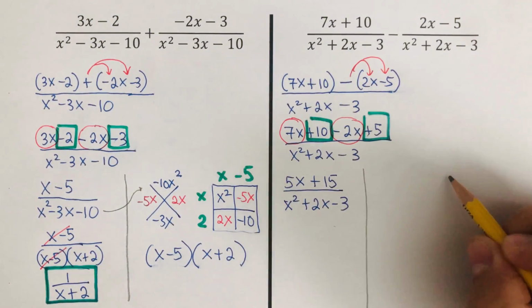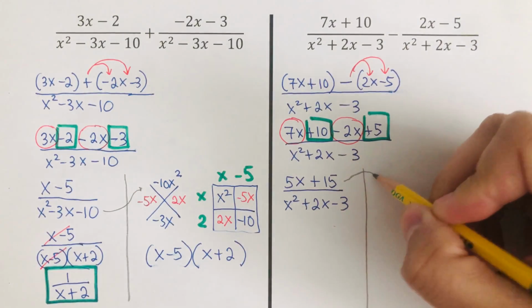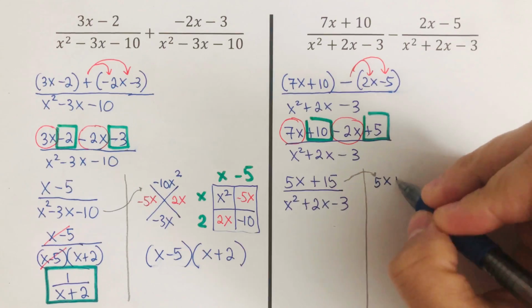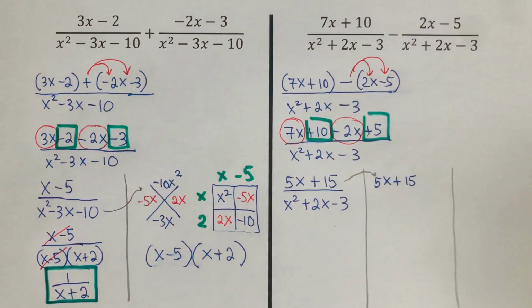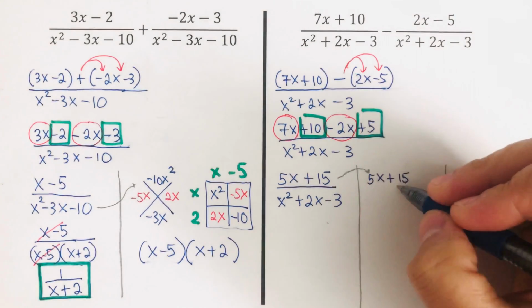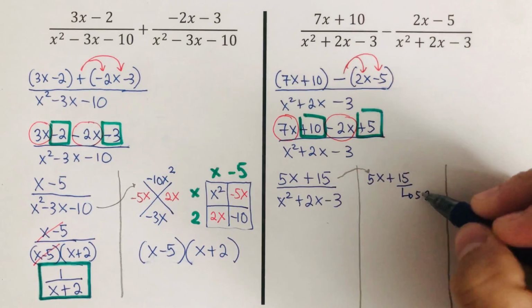The first one that we factor would be the numerator. I'm just going to show the work up here. This is going to be 5x plus 15. We can factor out their GCF. This would be 5 times 3, and so that's 15.